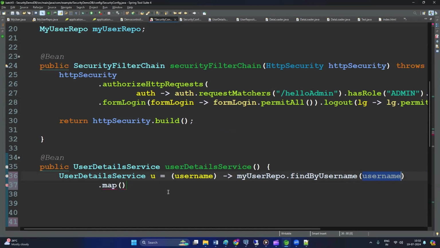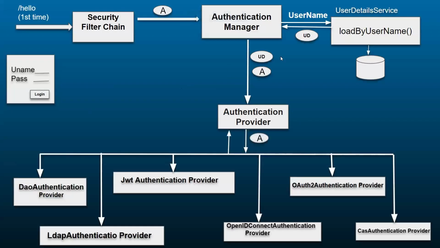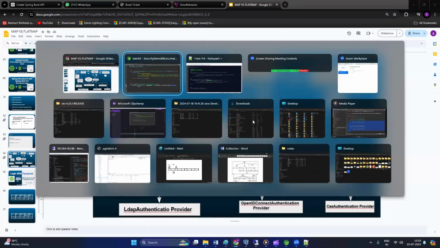So which user object is this? Let me show you which user object this is. So this is this user detail object. We are creating the user detail object by getting the data from the database, and all the data will get set inside this user detail object. So let's jump onto the code again.